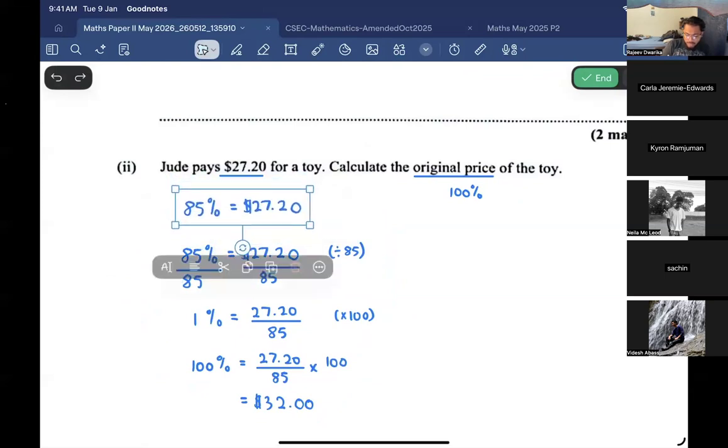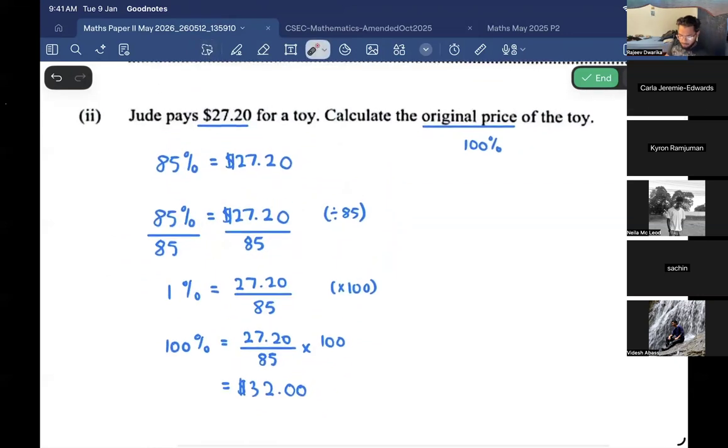So tell me, how do I know 85% is 27.20? Because that's the reduction price. Correct. You're going good. That's a reduced price. So then to calculate the original price, the percentage of that would be 100.